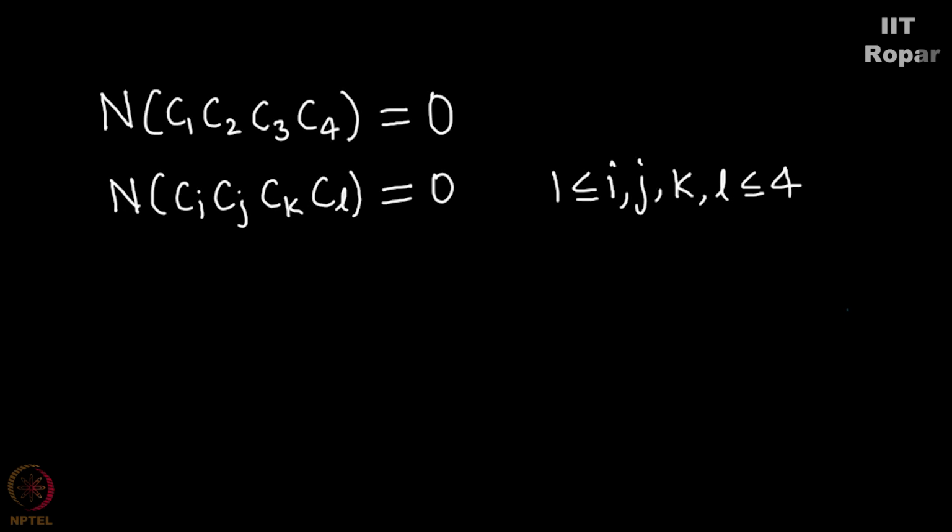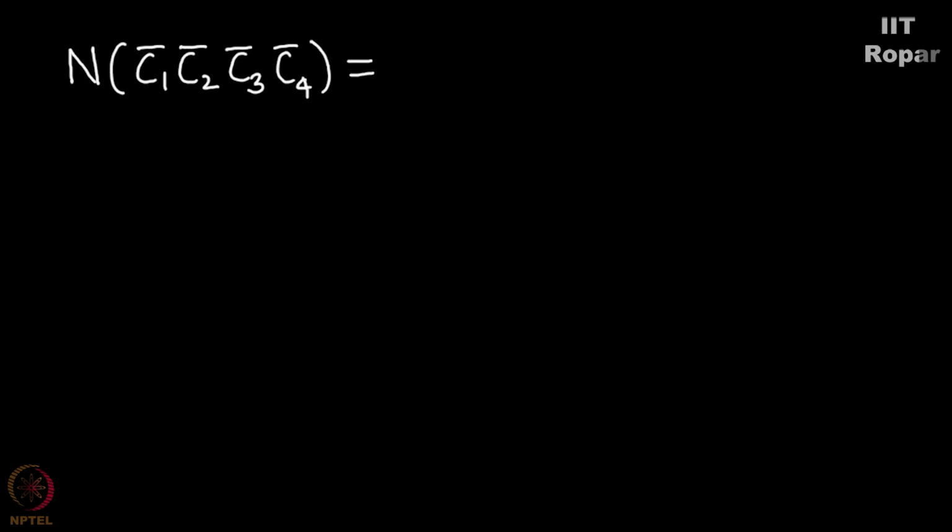We wanted those enumerations or possibilities where xi's lie between 0 to 10. So, the answer is n of c1 bar, c2 bar, c3 bar and c4 bar. If n of ci, cj, ck and n of ci, cj, ck, cl is 0, we need not consider them, right? In the final formula, we need not consider them.